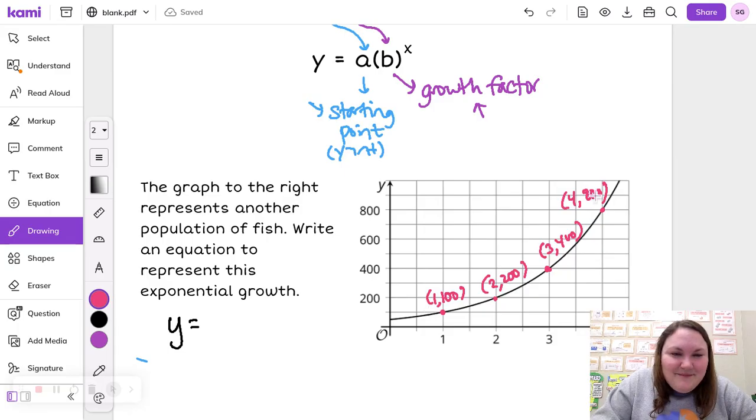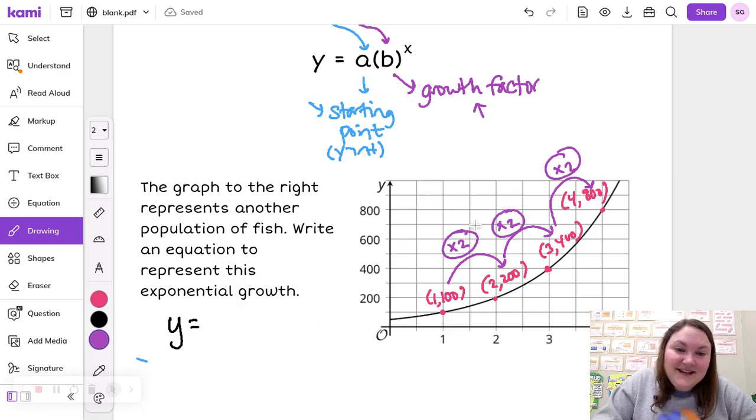Do you see what that pattern is to go from 100 to 200 to 400 to 800? Each time we are doubling, we are multiplying by 2. So in order to write our equation, I need to make that observation because that 2 is going to be our growth factor in our equation.